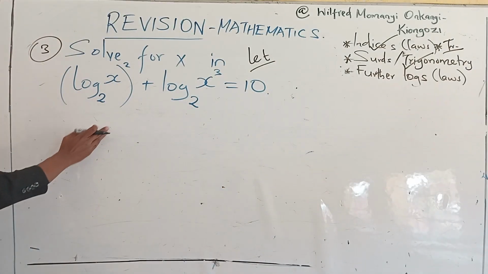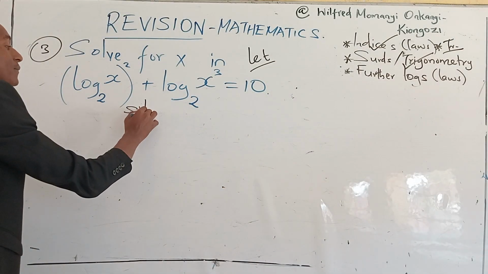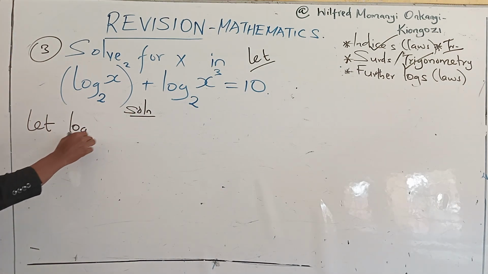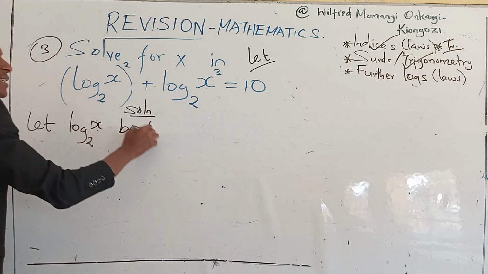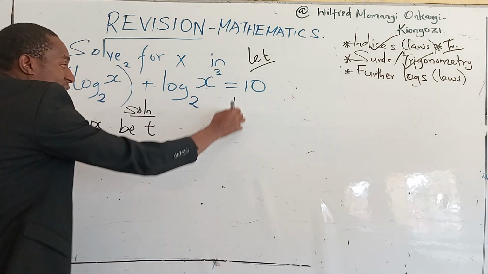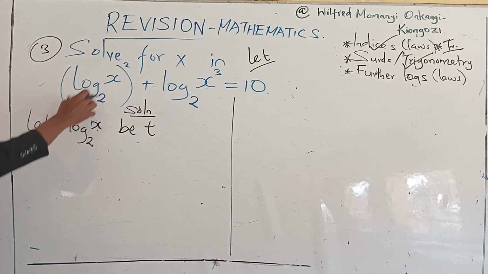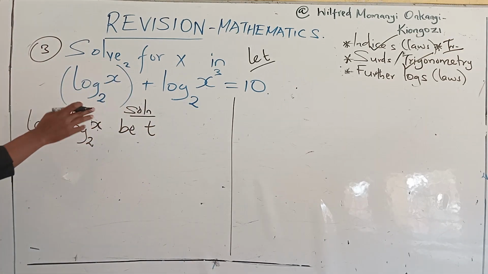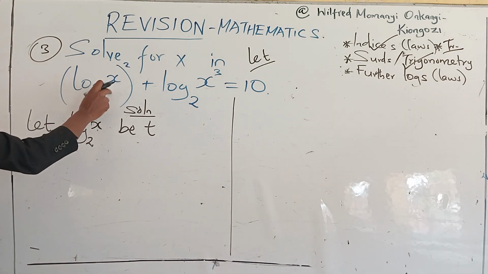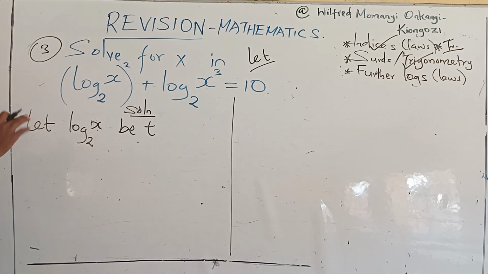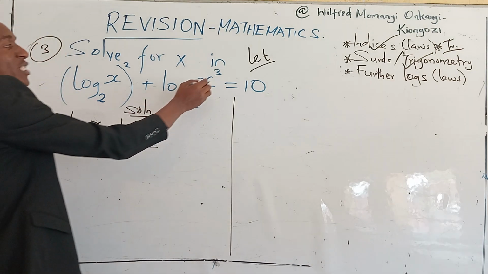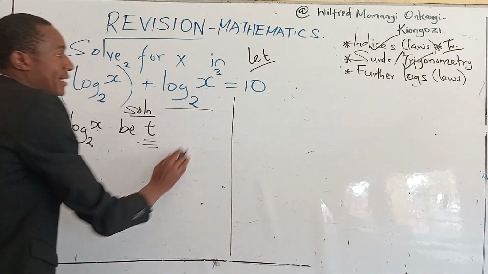So in this case, we can let log to base 2 of x be, let's say, t. We let log to base 2 of x be t. So what we do, we will put this t here. But before we go to arranging it with this t that we want to let, something is very unique here in this part.